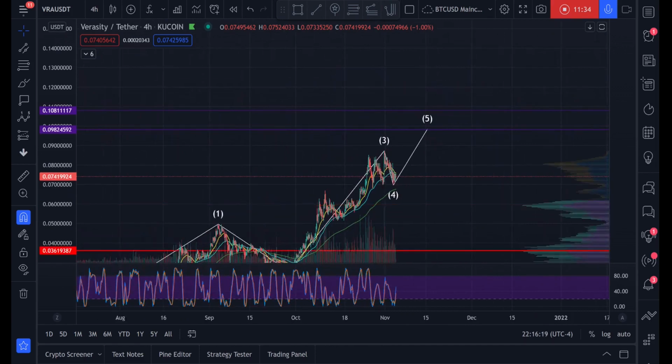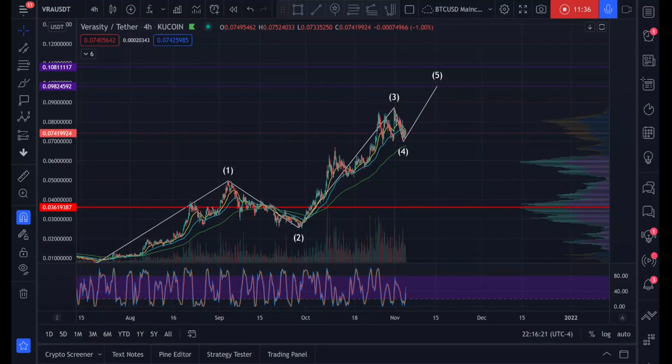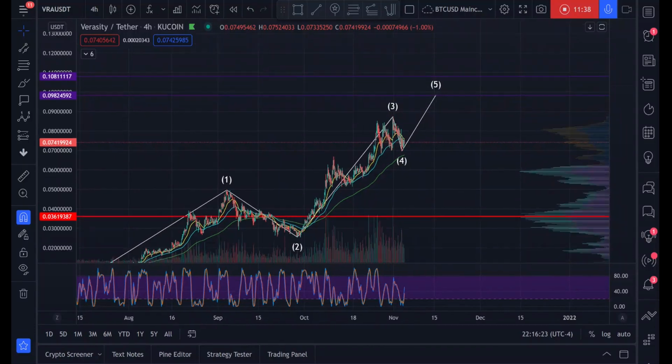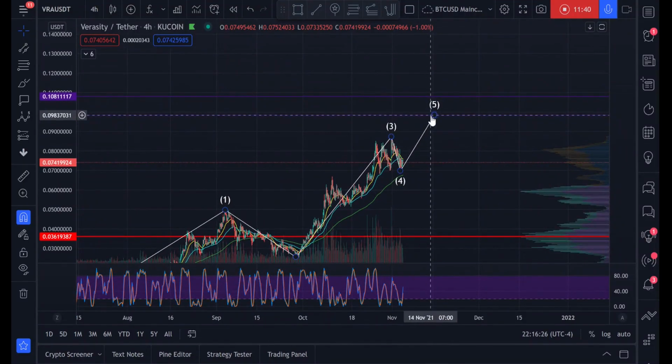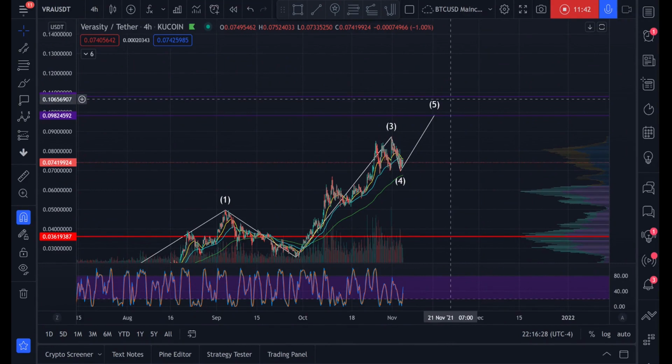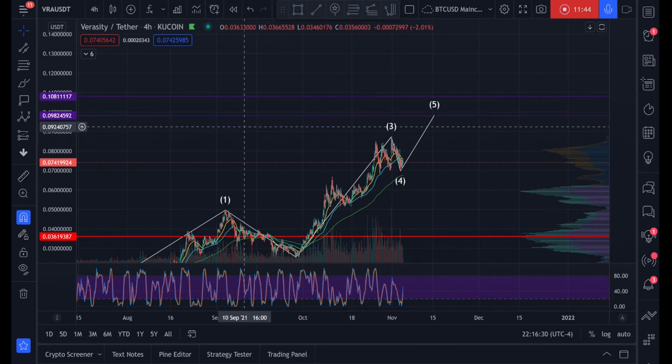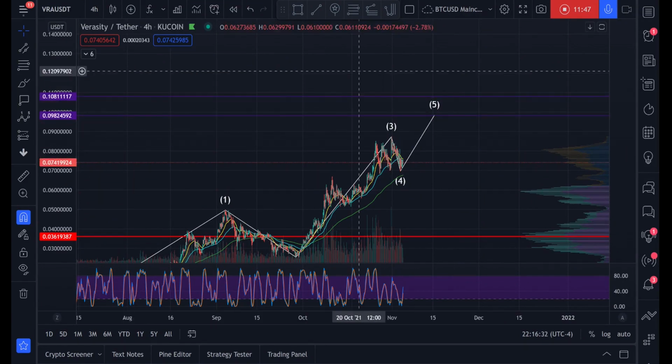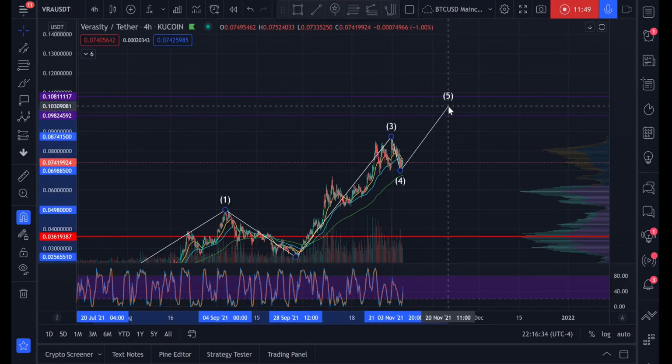Based off of my Elliott Wave analysis, I believe that we will have a VRA top in this region here between 9.8 and 10.8 cents, okay? And let's just put it in the middle there, so at about 10 cents. 9.8, 10.8, that's a 1 cent deviation.